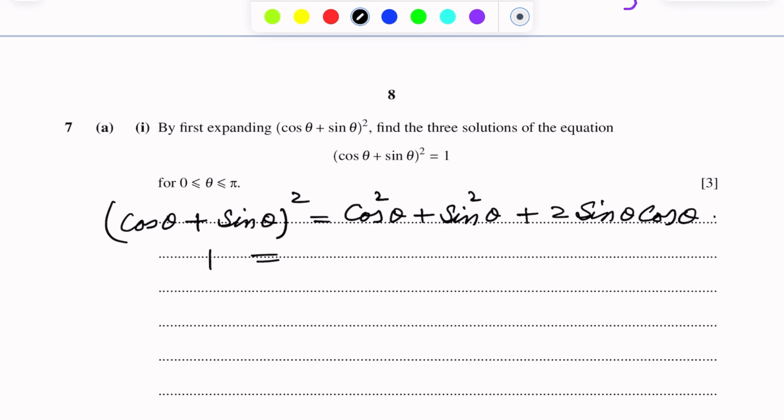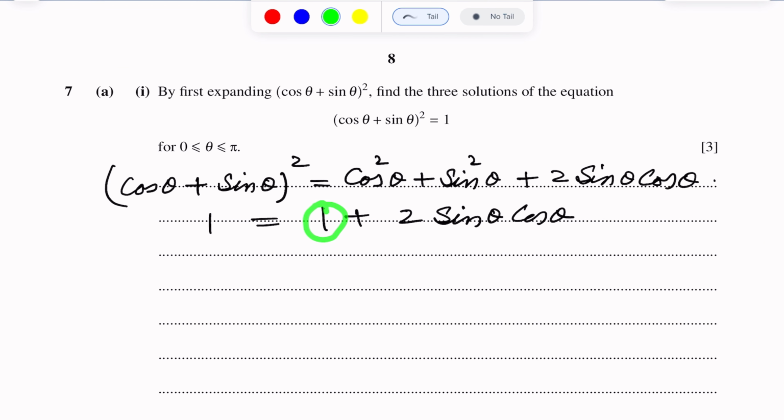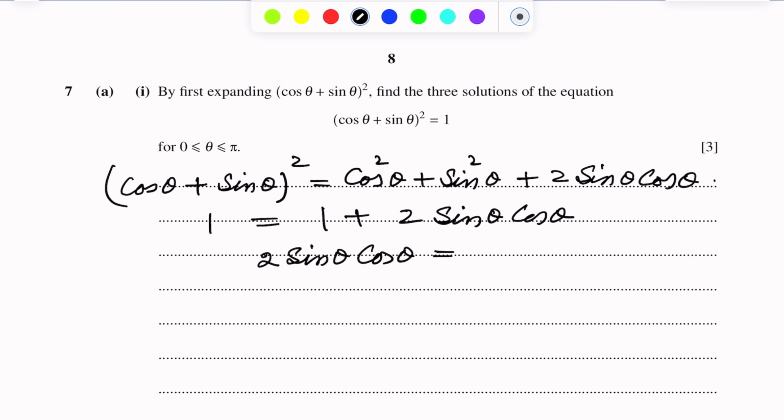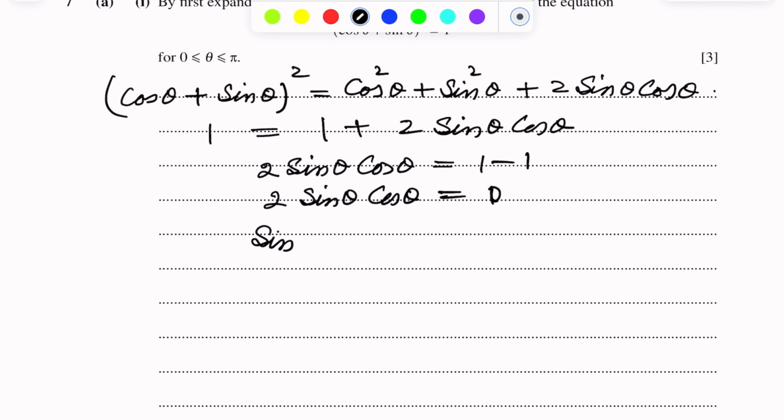So this is equal to 1 plus 2 sin theta cos theta. 1 minus 1 becomes 0. So we can write 2 sin theta cos theta is equal to 1 minus 1, which is 0. Dividing each side by 2, this becomes sin theta cos theta is equal to 0.